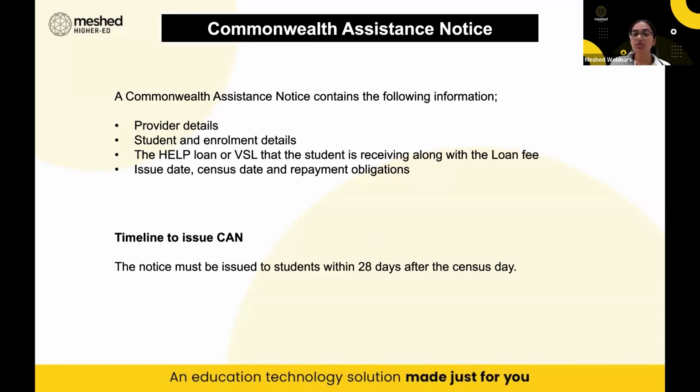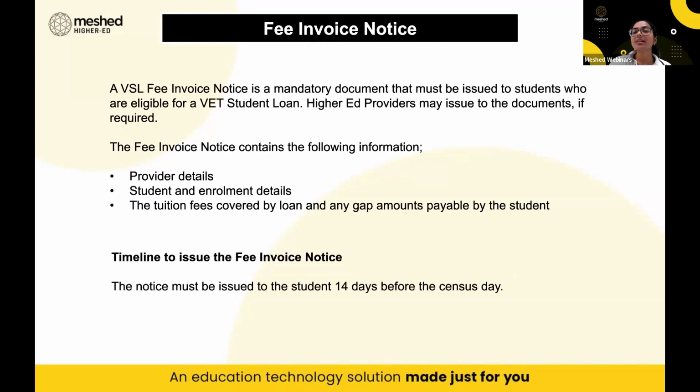There is also a timeline to issue these notices. A CAN notice must be issued to a student within 28 days after the first census date. So all clients who are issuing these CAN notices have to ensure that they are looking at the timeline and are ensuring that it is issued within the 28 days of the census date to maintain compliance.